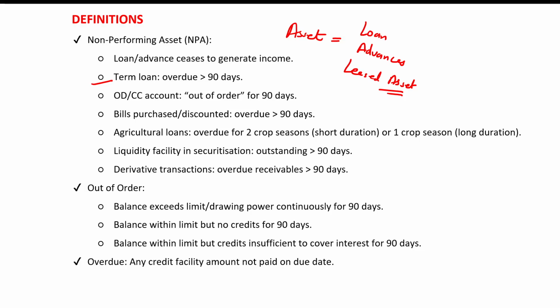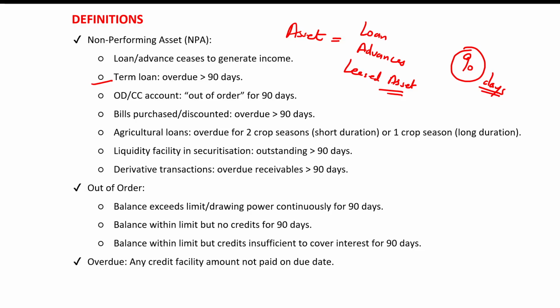And if it is a securitization transaction, if the liquidity facility remains unpaid for more than 90 days, and in a derivative transaction also, if receivables remain unpaid for more than 90 days after the due date. So simply stating, if a loan does not bring income to the bank for 90 days or more, it becomes a non-performing asset. So this is the criteria for classifying whether an asset has become a non-performing asset or not.